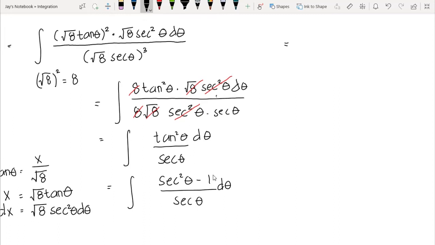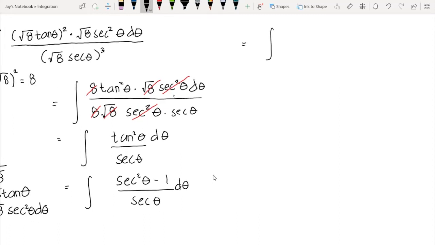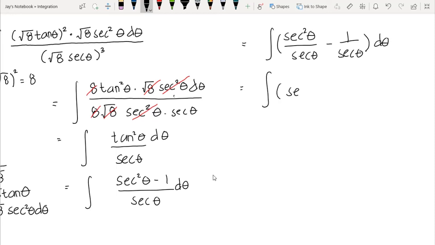Let's separate these two: secant squared theta over secant theta, and then minus 1 over secant theta, d theta. Secant squared theta over secant theta is equal to secant theta, and 1 over secant theta is basically equal to cosine theta, since secant theta is the inverse of cosine theta.